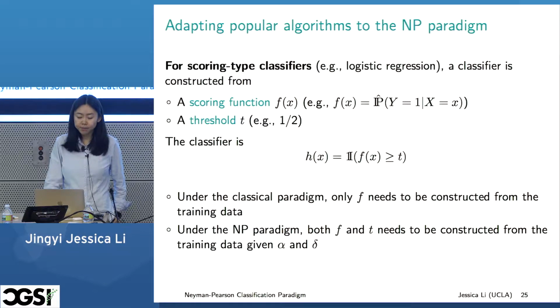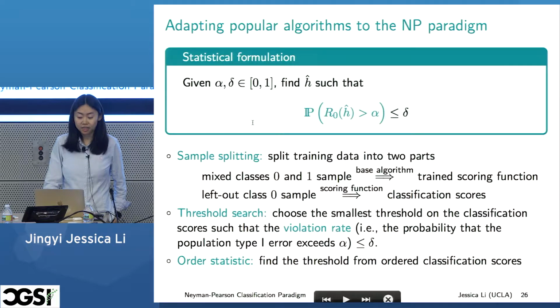But under our Neyman-Pearson paradigm, both the scoring function and the threshold need to be estimated. Again, I repeat this formulation: our goal is to find a classifier whose type 1 error is under alpha with large probability, and if it's greater than alpha, then the probability must be small. Here we set the upper bound to be delta. So we have alpha and delta.